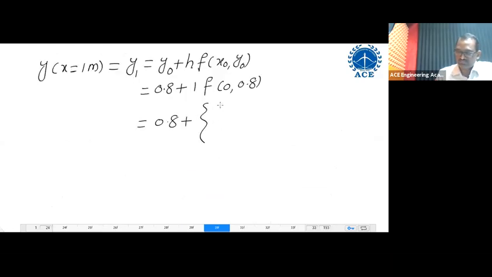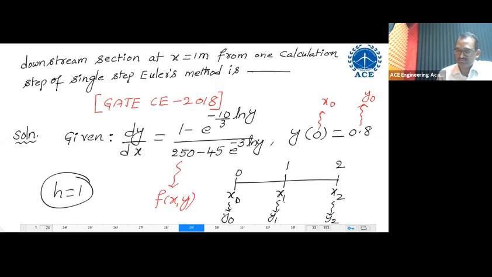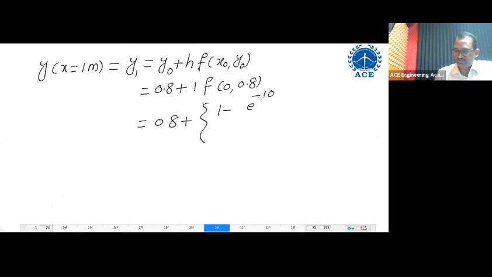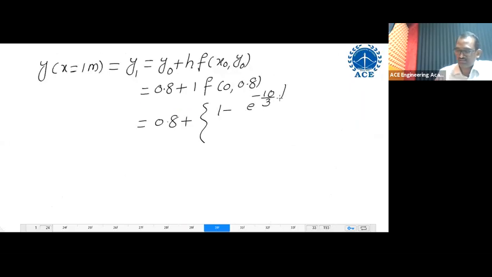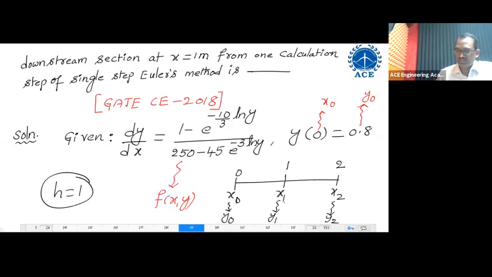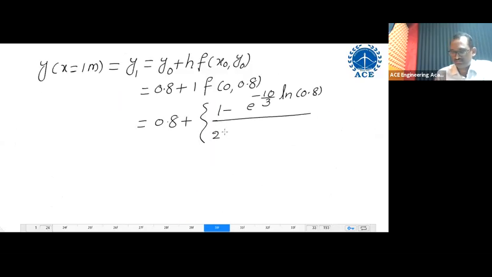That is 1 minus e power minus 10 by 3 into ln y by 250 minus 45 into e power minus 3 ln y. Simplify this and let me know the answer.